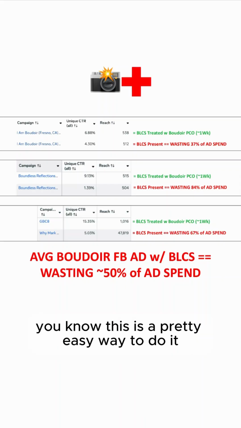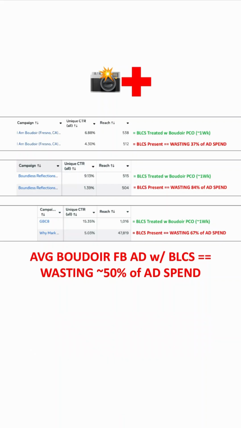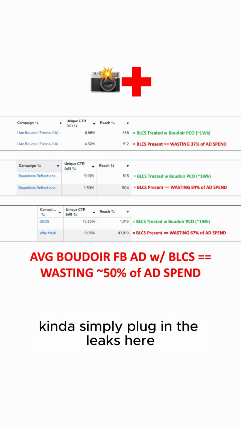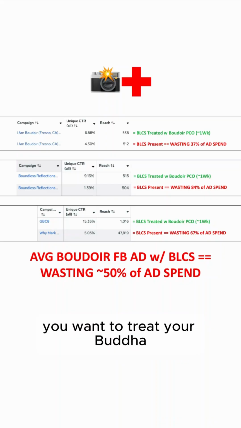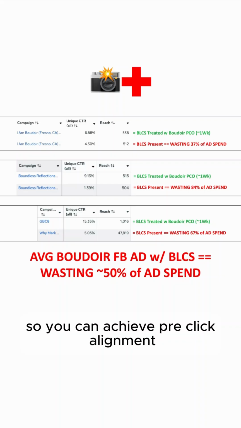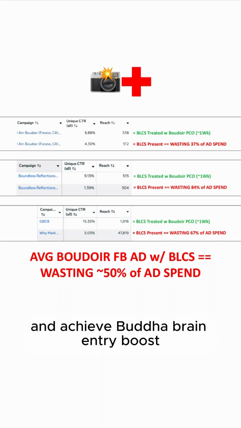And this is a pretty easy way to do it. Kind of simply plug in the leaks here with Boudoir Pico treatment. And so you decided you want to treat your Boudoir Facebook ads with Boudoir Pico so you can achieve pre-click alignment, become a dominant Boudoir advertiser, and achieve Boudoir brain entry boost.